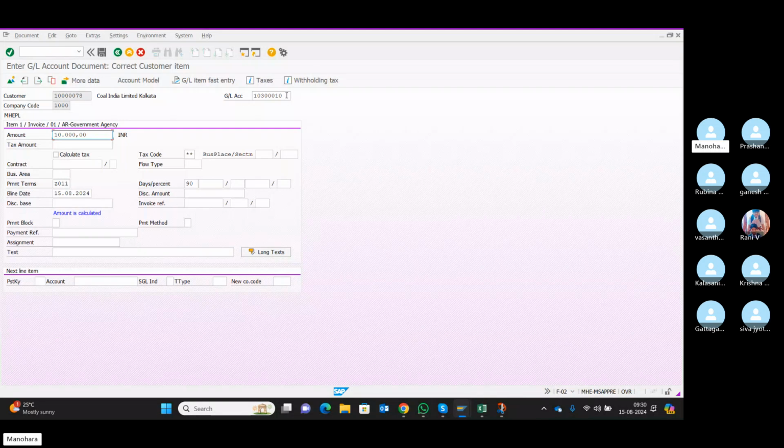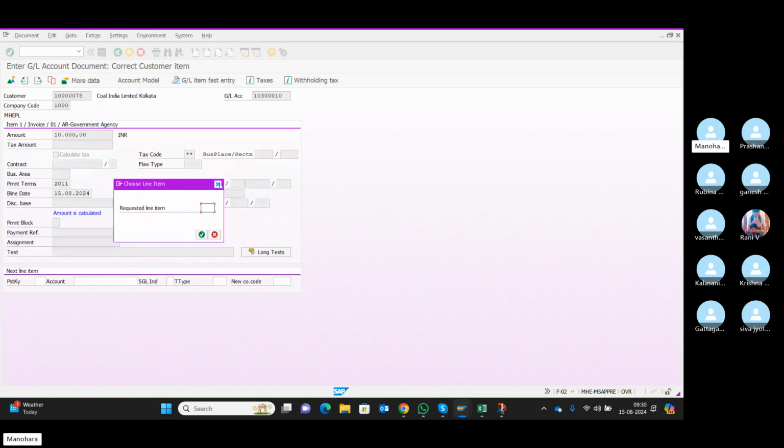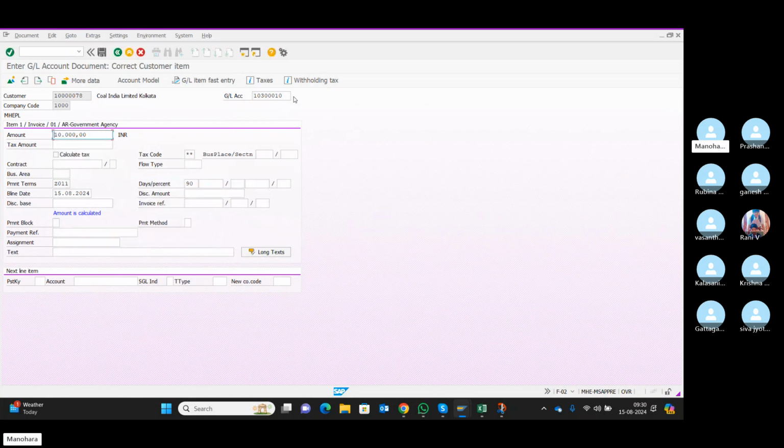So anybody knows how we find this subledger? This is the subledger GL. How does the GL come here? This is a GL, right? And this is a customer, which is a subledger. But the subledger comes to a GL. How does the GL come here?